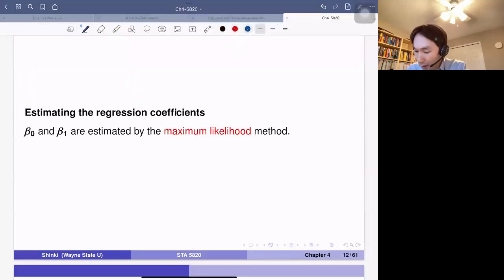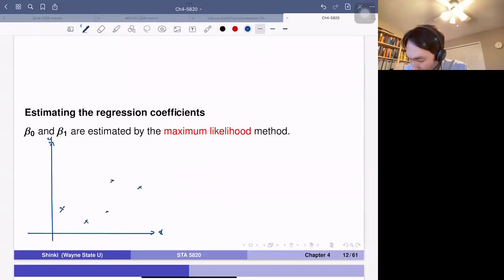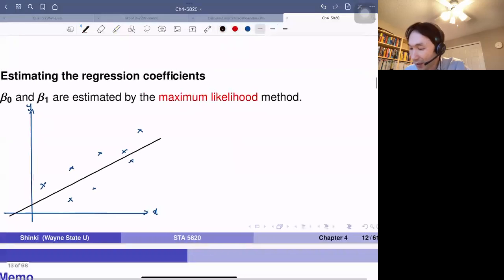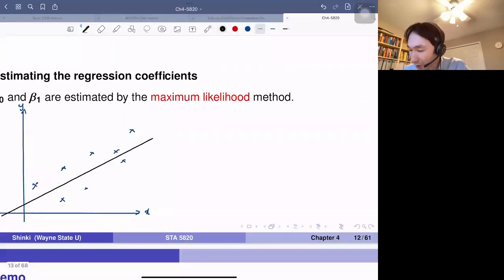If we have x and y here, and we have some scatter plot and a fitted line, how do we determine this fitted line? What's the criterion to determine this fitted line? Maybe you have seen this even in a newspaper. How to determine this based on the plots?